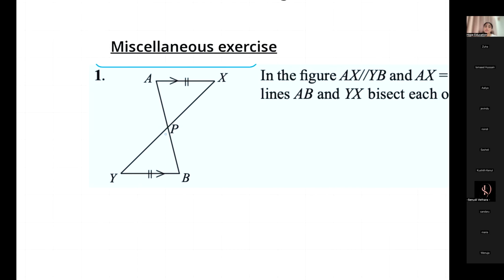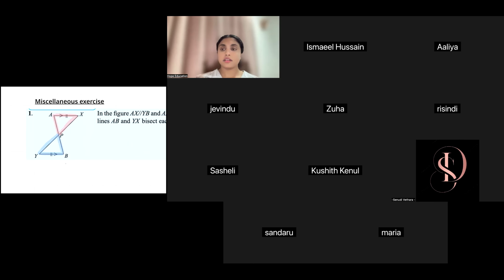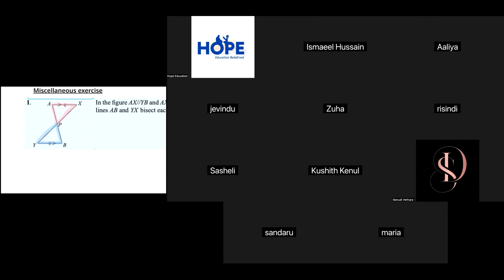Now, how do we do this? Is there a way for us to make these two triangles congruent? Did y'all try doing that? Which case did you use to make these two triangles congruent?